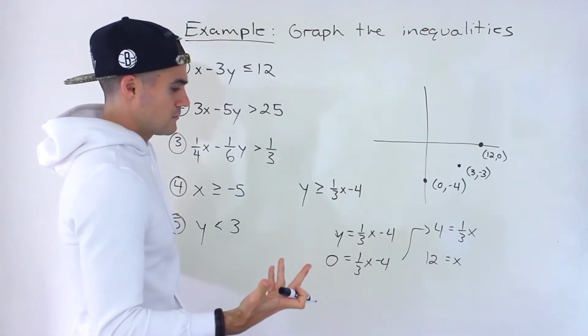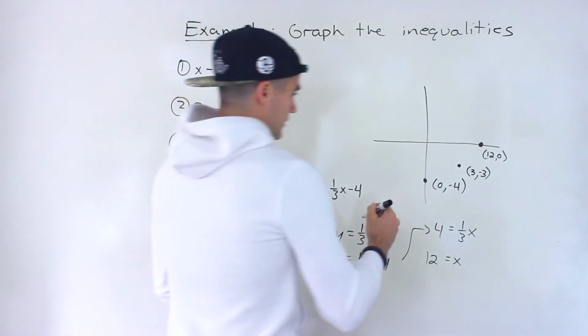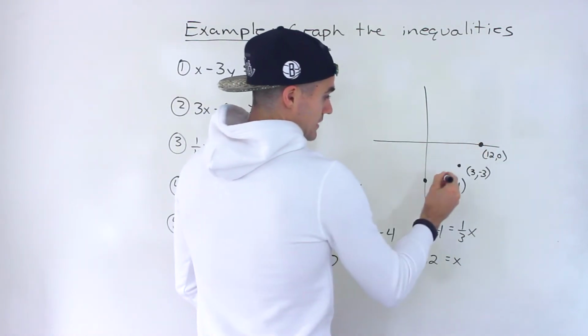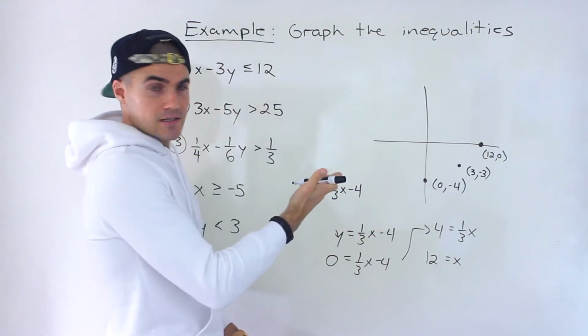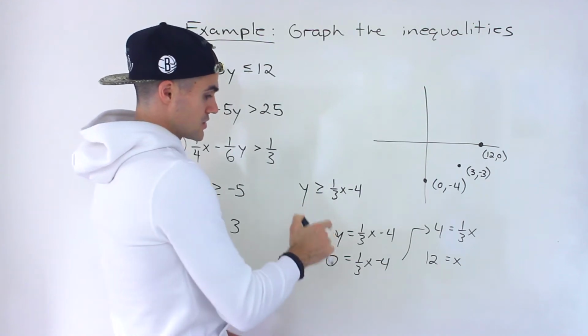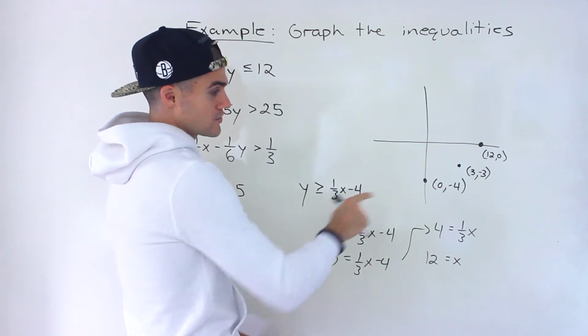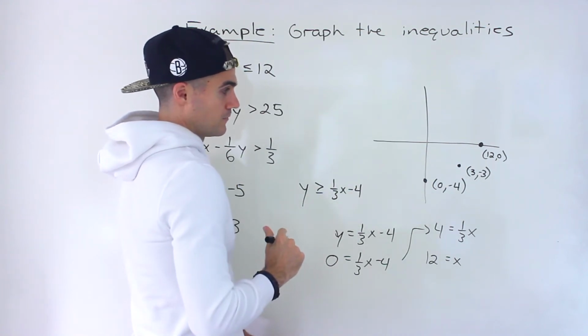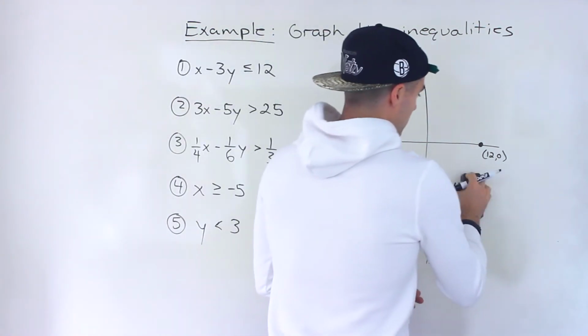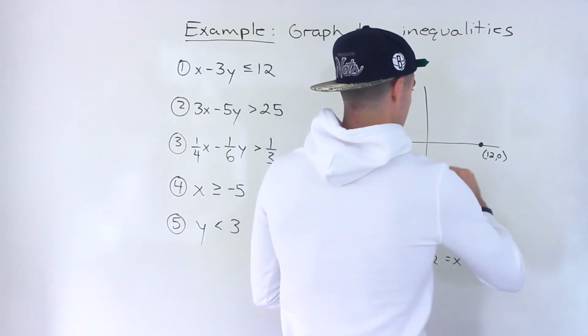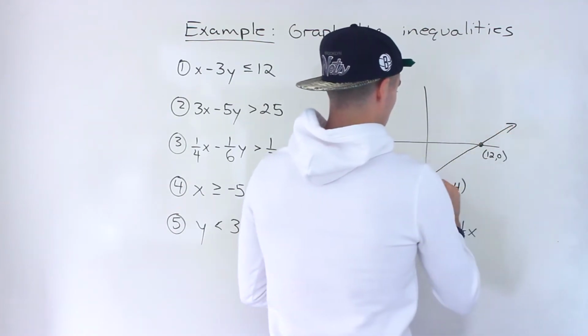So that's another thing you could have done. But personally, usually I like to just get the intercepts and then just connect those two dots. And the intercept for this line here, the x-intercept is 12, the y-intercept is negative 4. And so from here, you can connect these dots. So it's basically this line over here.